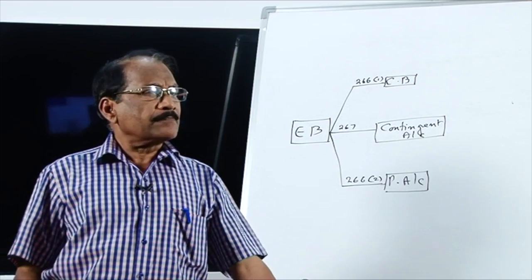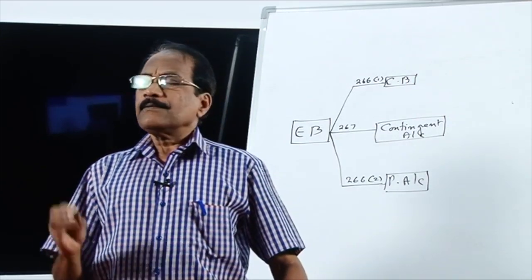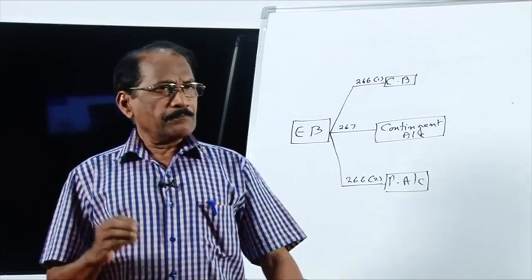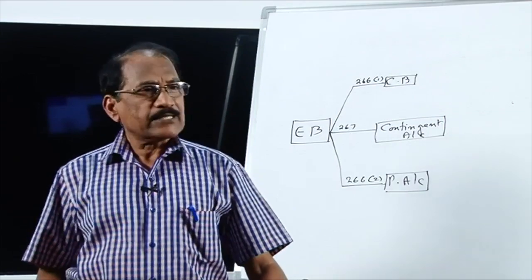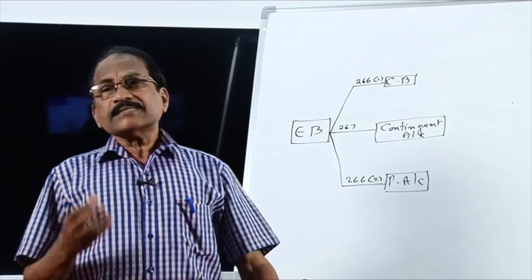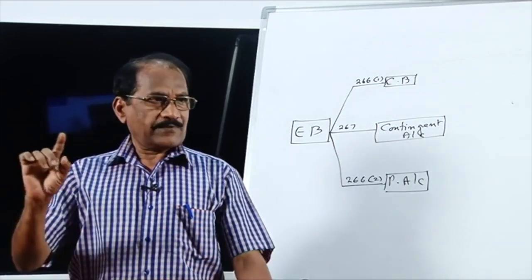We can also sometimes take a loan from the GPF account for specific purposes: marriage, house construction, illness or treatment. In such cases, we can take a temporary advance from the GPF account.